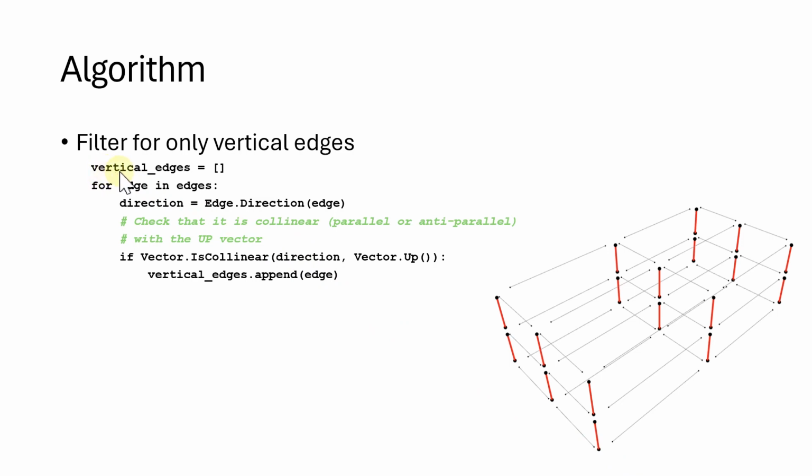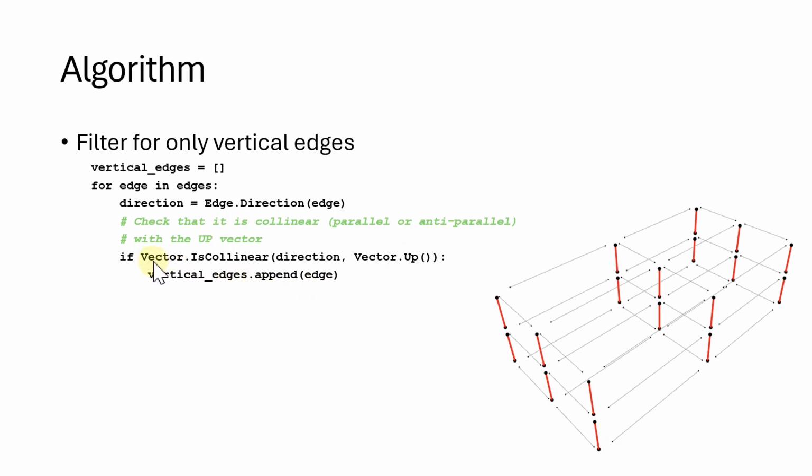Basically, we start by initializing an empty list called vertical_edges, and then we loop through the edges, for edge in edges, and we get the direction of each edge. So edge.direction edge. And we check that it is collinear, parallel, or anti-parallel with the up vector. So we have something in topologicpy called vector.up, which points usually in the positive z axis.